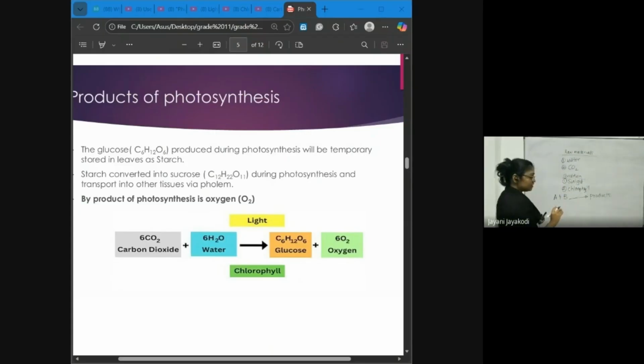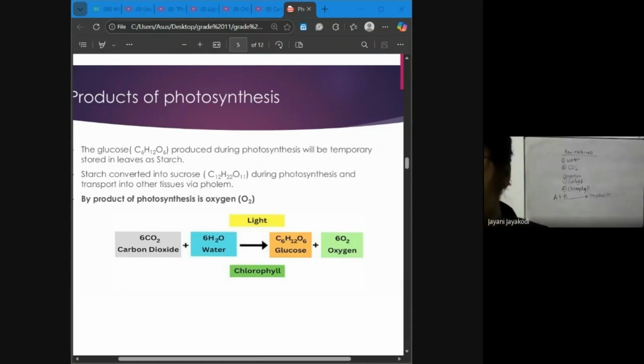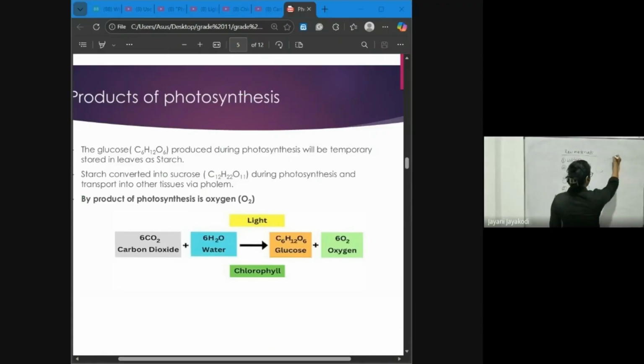So the conditions that you require for that chemical equation: you take in the carbon dioxide. When you take a plant leaf, the underside of the plant leaf has tiny pores. These tiny pores are known as stomatal pores.